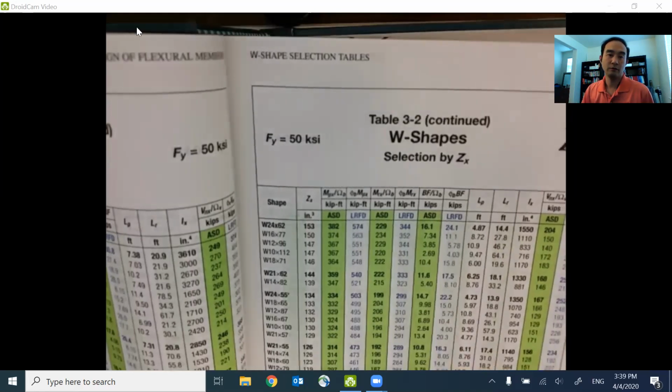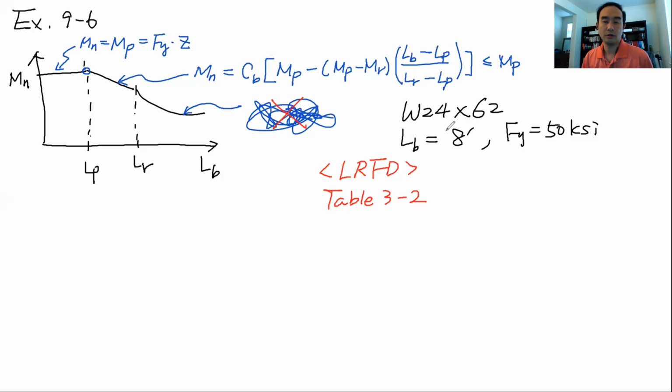So let me go back to my calculated one here. So this is our given value, and for this given section, L sub p is 4.87, and L sub r is 14.4 in feet.